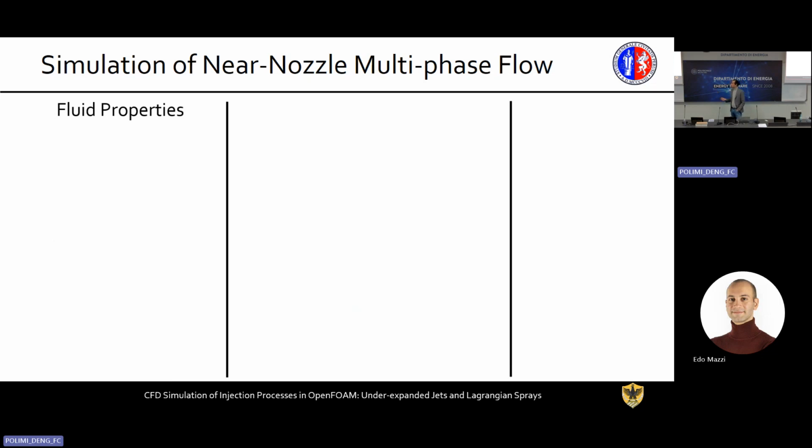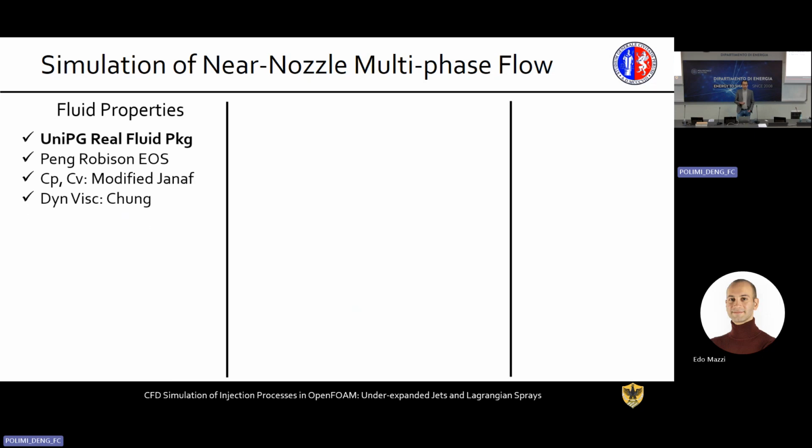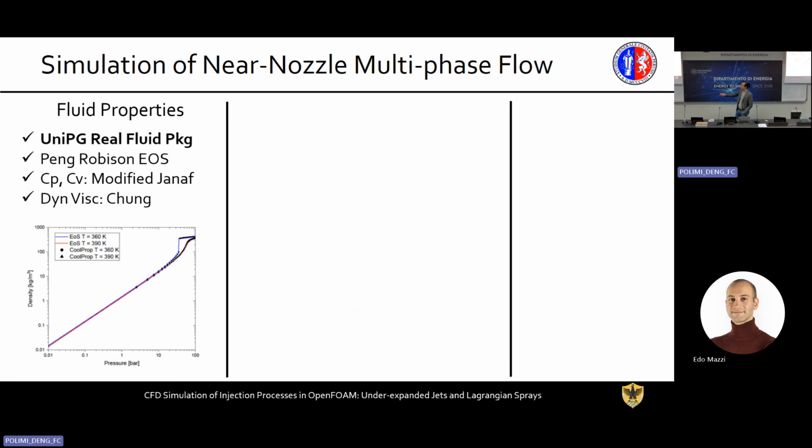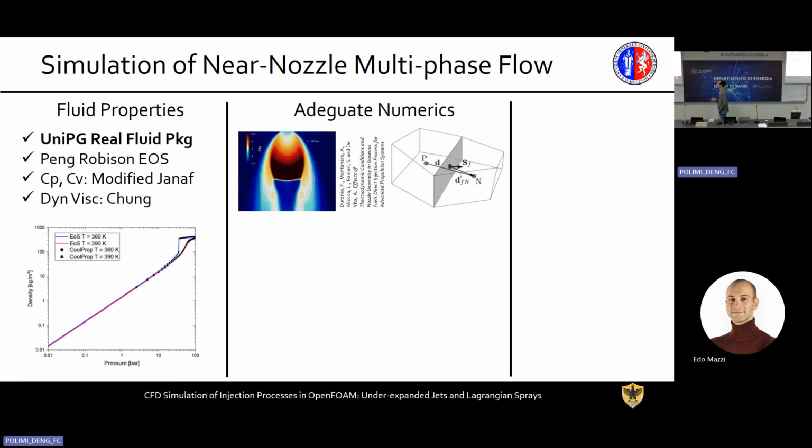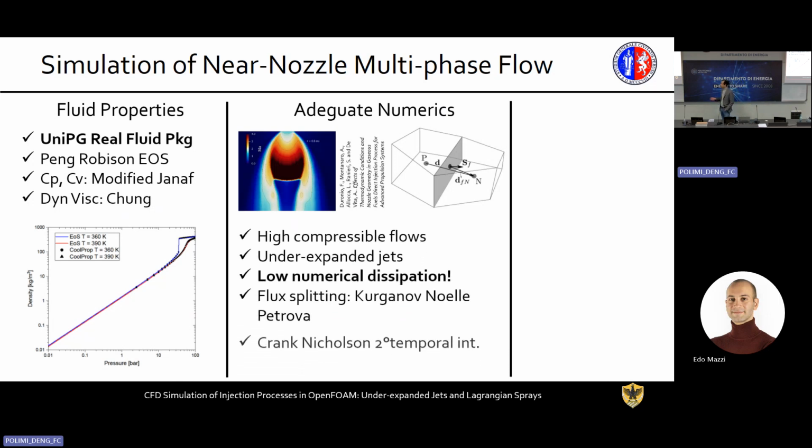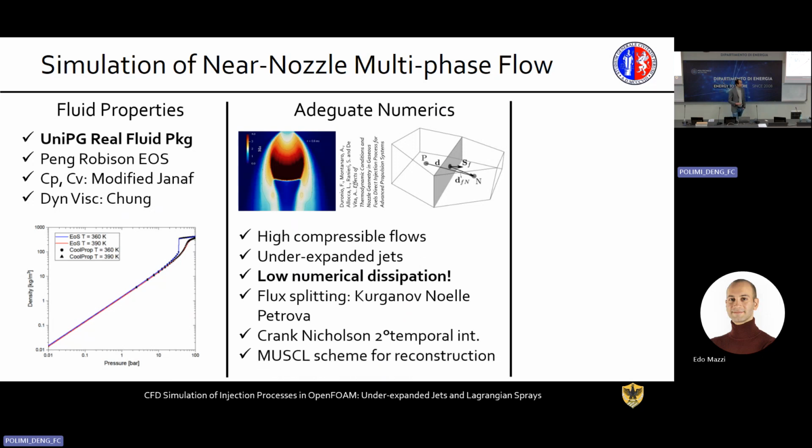We need to use something that is good in terms of fluid properties description, and the University of Perugia developed a real fluid property package within OpenFOAM. We are using it, and as you can see, this is for propane. We are getting a good representation. But as I mentioned, we need adequate numerics because we have strong compressibility effects. We have these shocks, under-expanded jets, and we need to limit, as I mentioned, numerical dissipation.